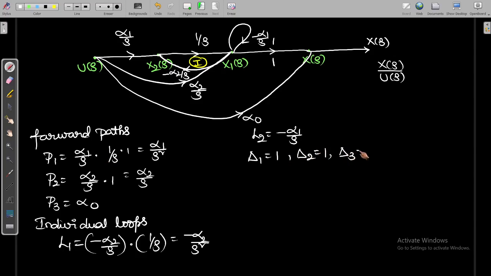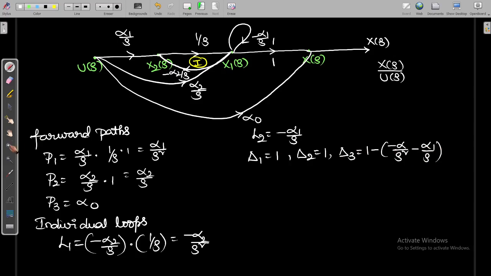Delta 3 here. If you observe, this forward path is not touching any loop, so we can write 1 minus of minus alpha 2 by s square minus alpha 1 by s.